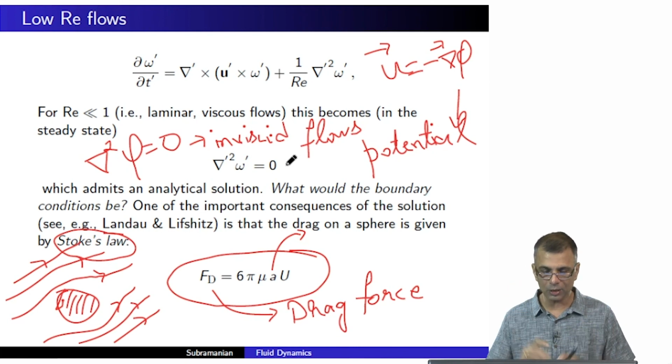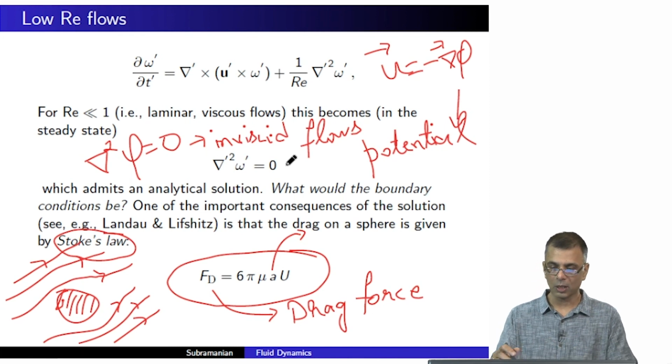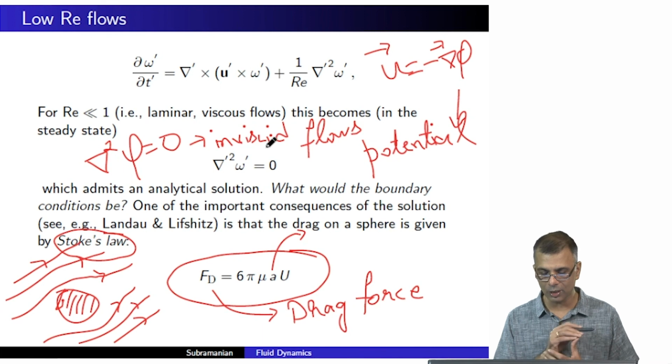So just to summarize, the import of this particular discussion: for low Reynolds number flows, only this term is important. In a steady state situation, the rest of the terms go away. And since this is much more important than this, the equation essentially boils down to this.